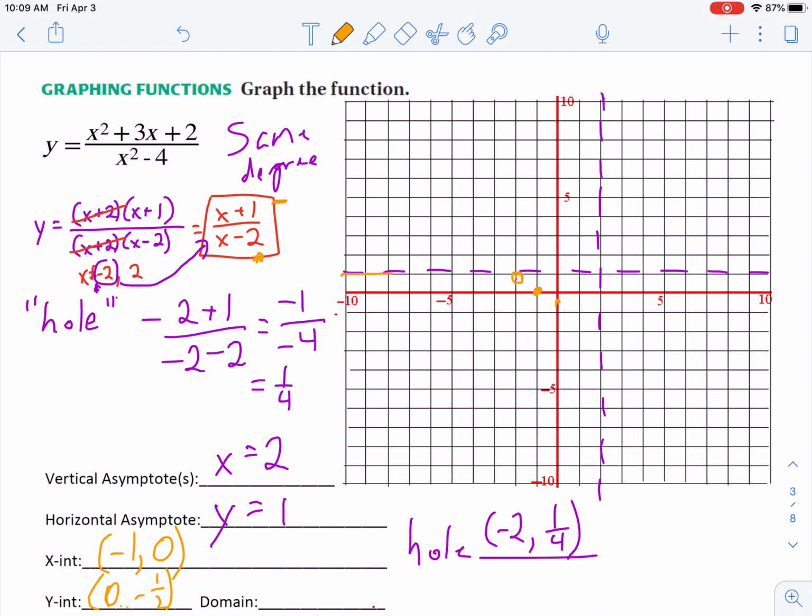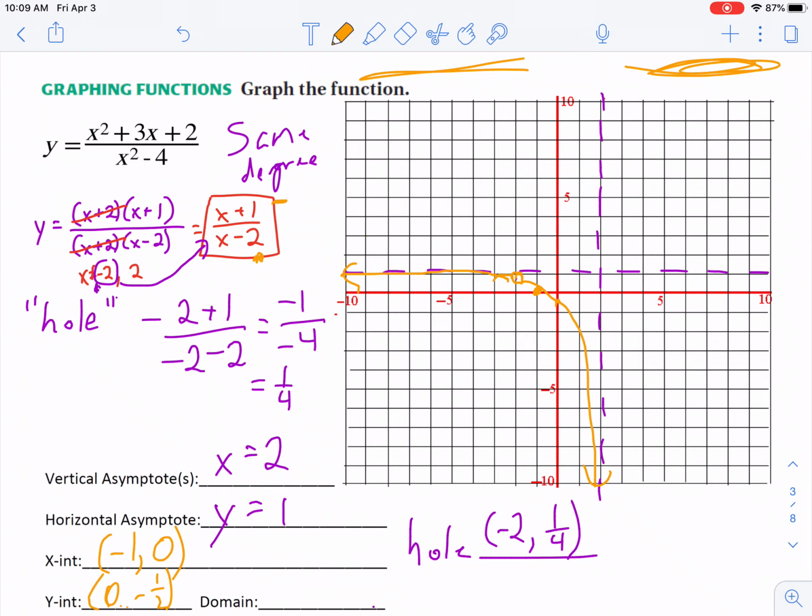So this curve here is going to look like this. It goes through here, then here, and it jumps down here, with that hole at negative 2, positive 1/4. There's that hole right here. Okay? And then for the other part of the curve, I need to plug in some values that are bigger than 2 for this other side over here.